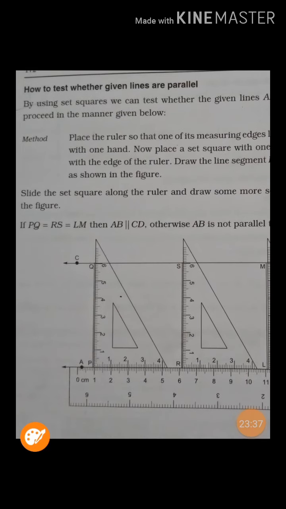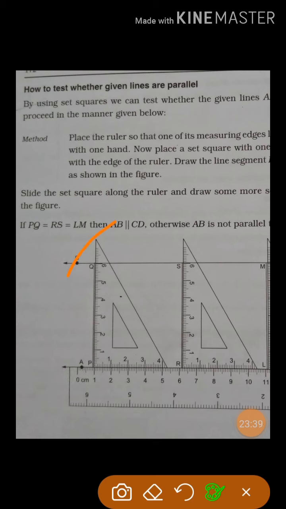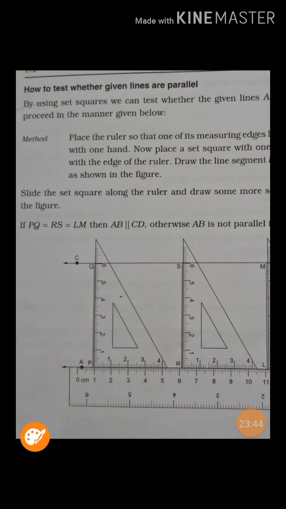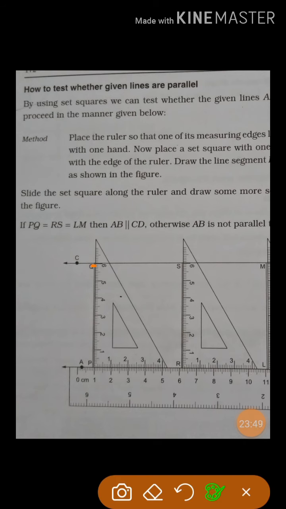Then we place our set square as you can see in this figure, at the start of AB. Then we see the distance between AB and CD. It is 6 centimeter. Line CD is coinciding with the 6th division of the set square, so the distance between them is 6 centimeter.